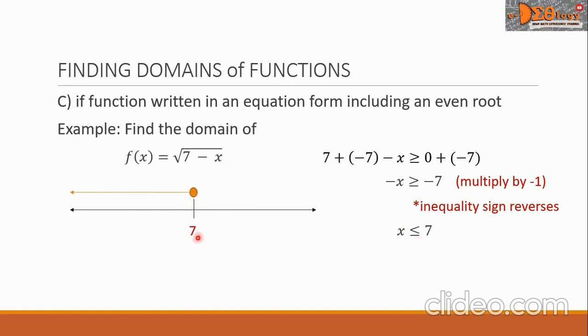It means the number 7 itself is part of the solution. So for the domain, we will write negative infinity. Of course, we use a parenthesis here, comma. The endpoint is the positive 7, and we use the square bracket to denote that 7 is part of the solution. This is our final answer.